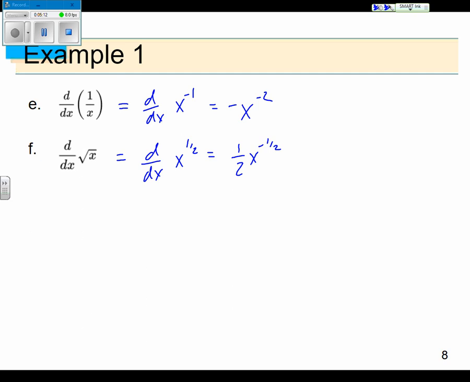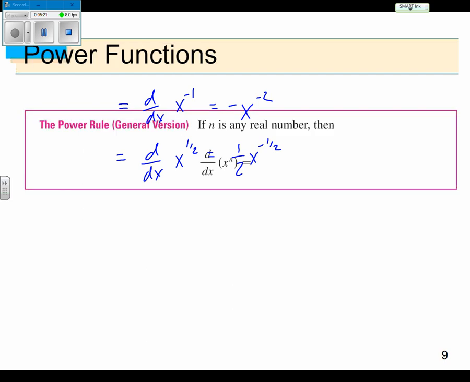You're going down 1 unit. So what that allows us to do is to actually rewrite our power rule a little bit better. So good question. If I subtracted 1 from that 1/2, 1/2 minus 1 gave me negative 1/2. I'm always just subtracting 1 from that exponent.